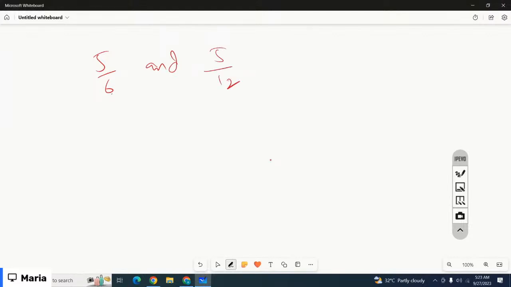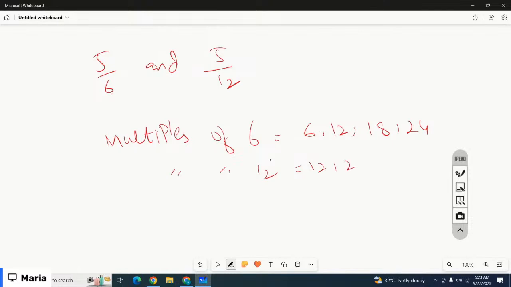Write down the multiples of 6 and the multiples of 12. 6 times 1 is 6, 2 is 12, 3 is 18, 6 times 4 is 24. The multiples of 12 are 12 times 1, 12 times 2 is 24, 12 times 3 is 36.